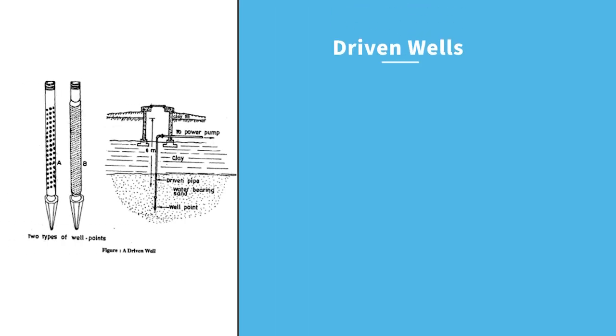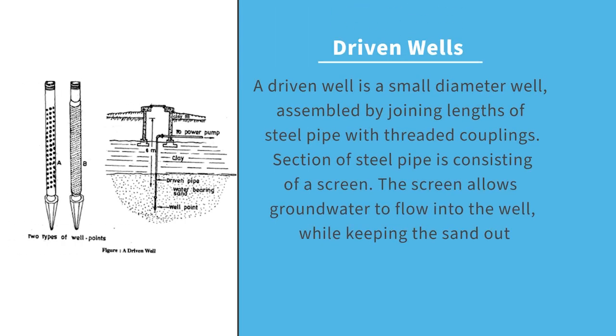Driven well. A driven well is a small diameter well assembled by joining lengths of steel pipe with threaded couplings. A section of steel pipe consists of a screen. The screen allows groundwater to flow into the well while keeping the sand out.